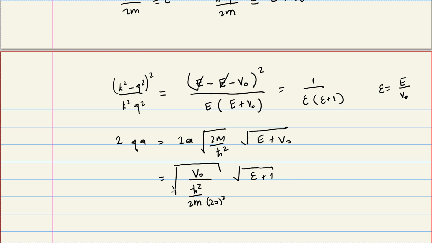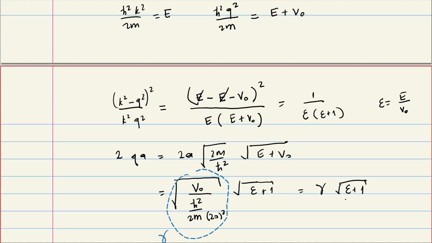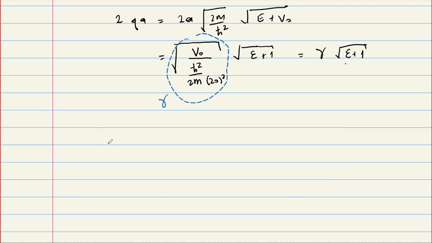And this thing I want to call gamma, and this entire equation is going to be gamma times root epsilon plus 1. And at the end, we don't have something as terrible.